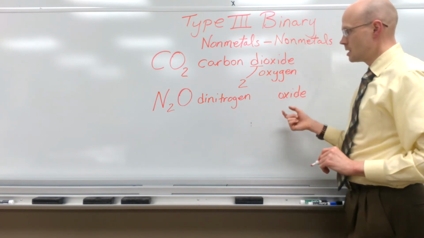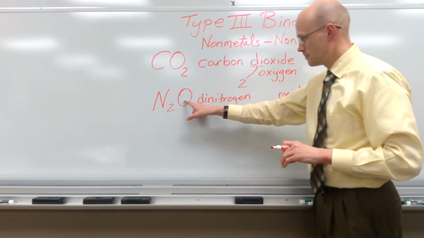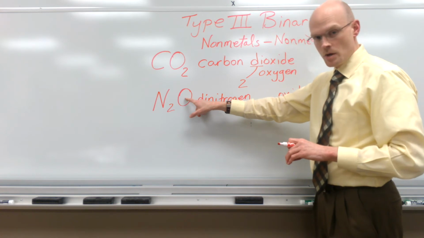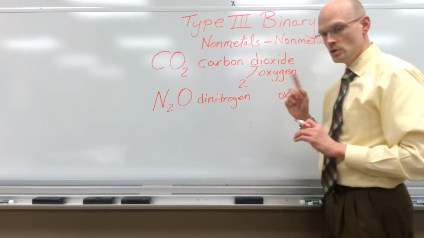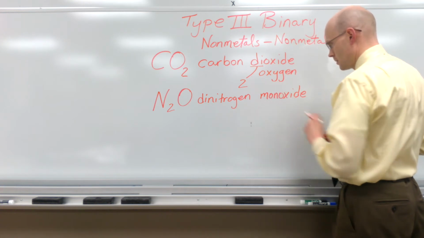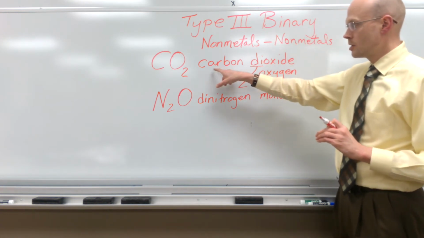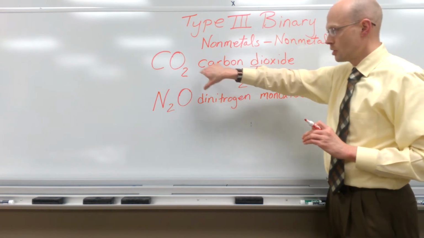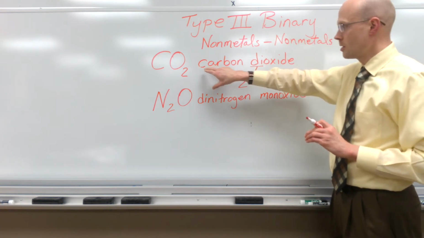Okay. Now, the second element, if the second nonmetal is a mono, is 1, we do need to represent that. Okay. We didn't do that up here. If the first element is a single atom, just one carbon, we don't say monocarbon.